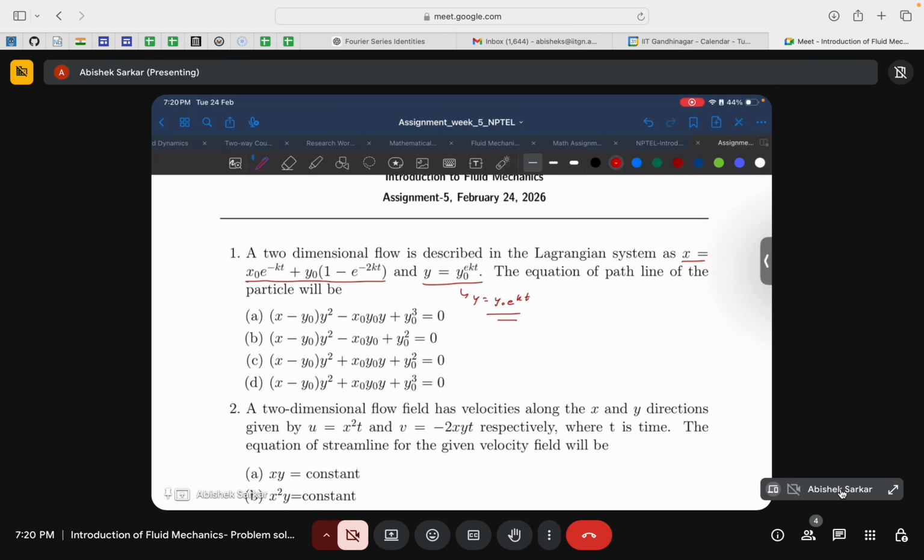I'll give you 5 minutes, just look into it, then let me know which will be the correct answer. I think the question is clear. Just try it out and let me know.